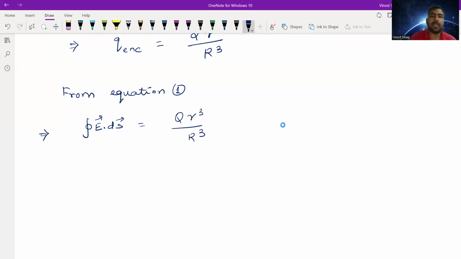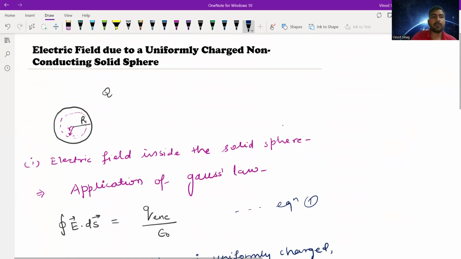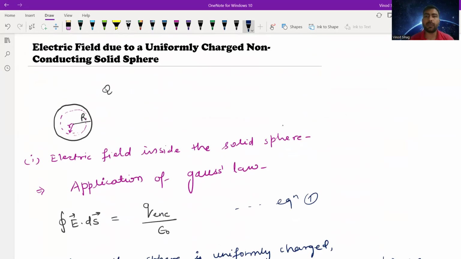Now, as we know, the electric field due to a positive charge is always radially outwards. So for this given case also, it is a solid sphere in which the positive charge is uniformly distributed, and the electric field due to this positive charge will be radially outwards.